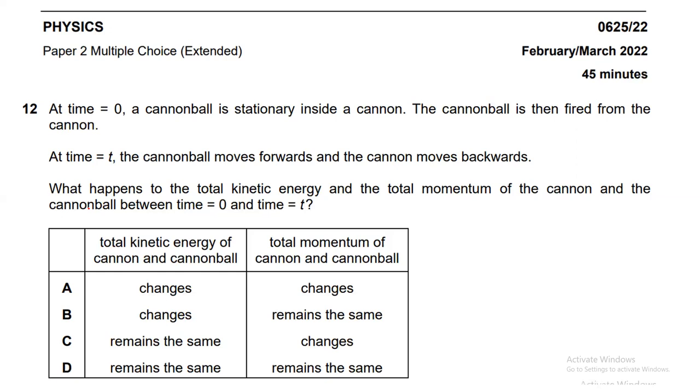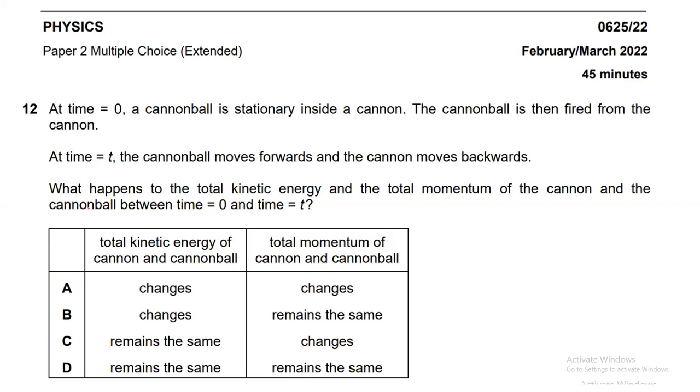Okay, the total momentum of the cannon and the cannonball: after the fire, they both will have the same momentum, meaning the magnitude of the momentum will be the same, but the direction of the momentum will be opposite to each other. So when you add the momentum of the cannonball and the momentum of the cannon, the resultant will be 0.